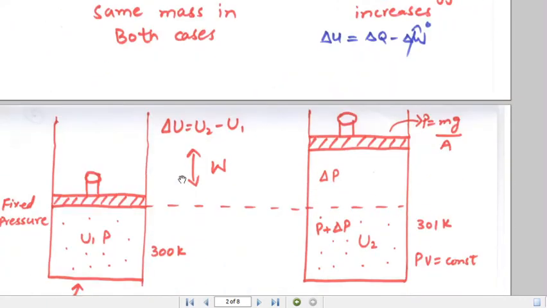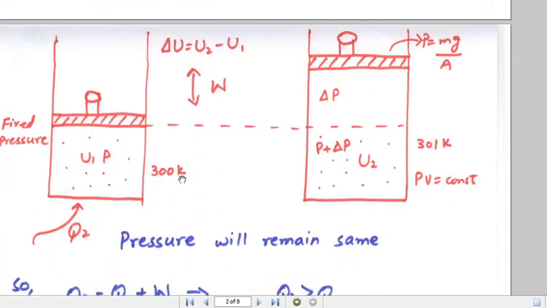So now let's discuss that you can also add heat to any system at constant pressure. Let U1 be the internal energy of this gas, and in this case the cylinder is fitted with a movable piston, which is not fixed.